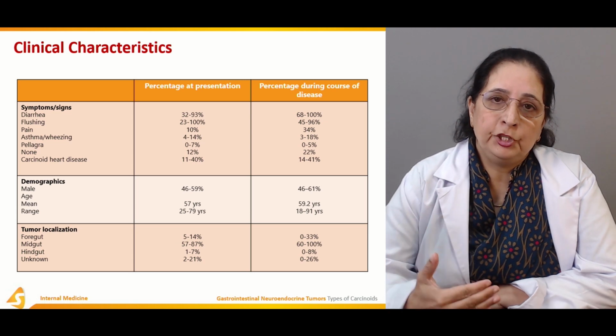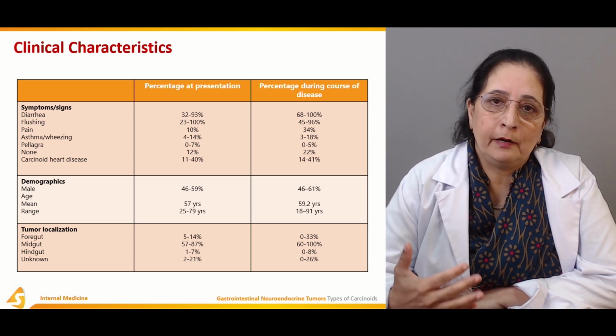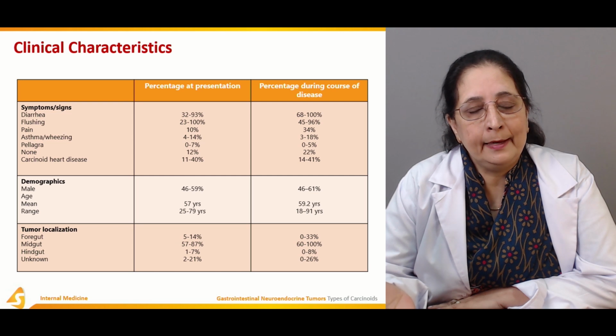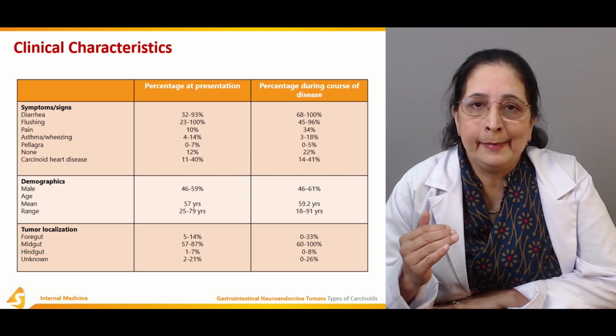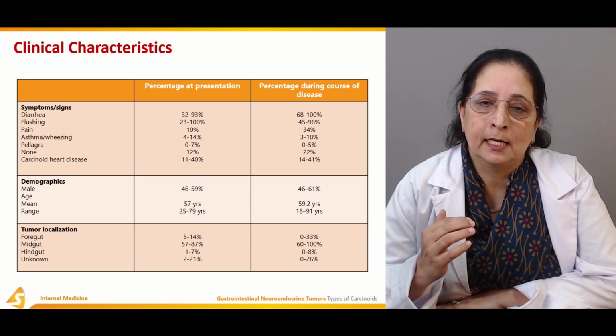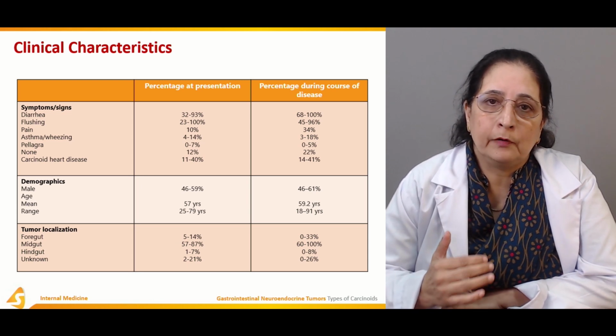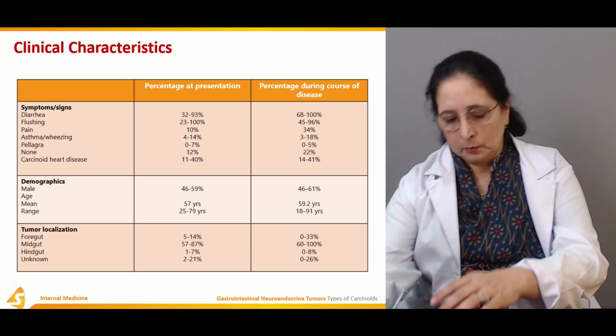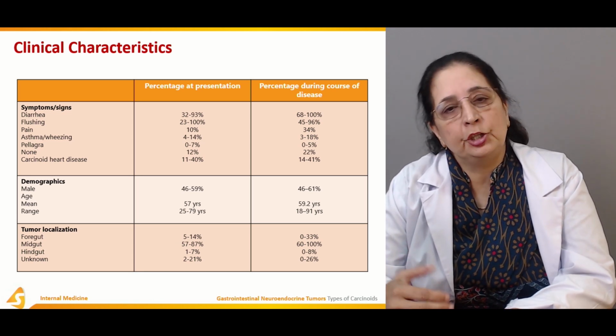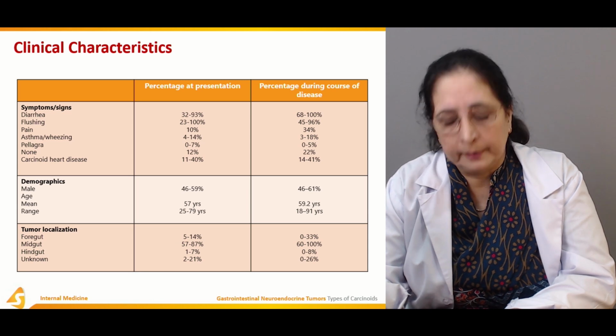So common features are flushing, diarrhea, pain, asthma, wheezing, carcinoid heart disease. Males are commonly affected, and the common site of involvement is the midgut, at the time of presentation and during the course of the disease.